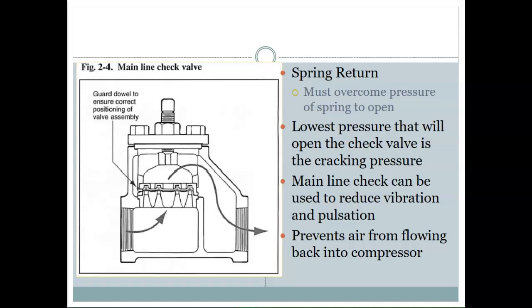Lowest pressure that will open the check valve is what's called the cracking pressure, but again, cracking pressure can be applied to a lot of things. Mainline check valves can be used to reduce vibration and pulsation because flow only goes one direction. If it starts trying to go back the other direction or pulse, what's it do? It says, nah, you can't do that.